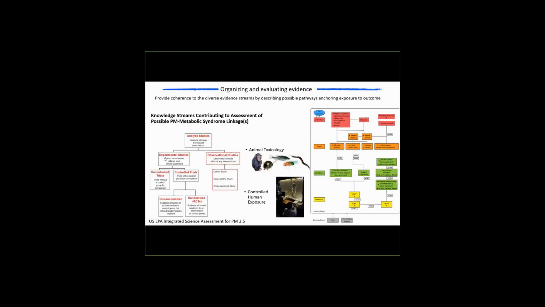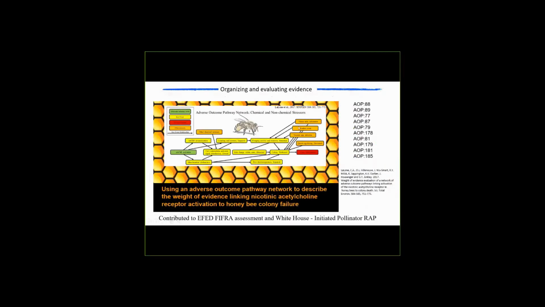And so a wide variety of different data and information that gives you different pieces of the overall picture. An AOP framework here was used to help identify how these different lines of evidence fit together and whether they actually supported this causal linkage between particulate matter exposure and these outcomes.